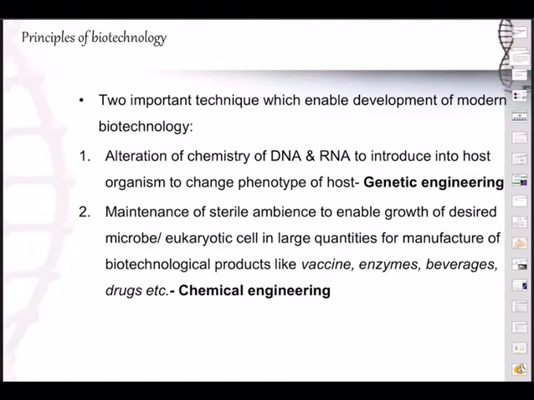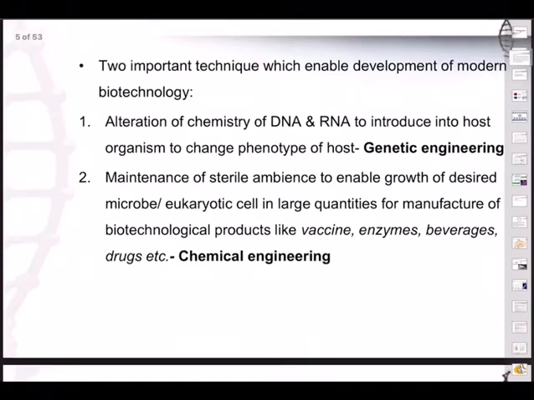So recombinant DNA. So an important aspect of genetic engineering is recombinant DNA technology. Recombinant DNA technology is employed for combining DNA from two different organisms to produce new recombinant DNA. Okay, this is the purpose of genetic engineering.